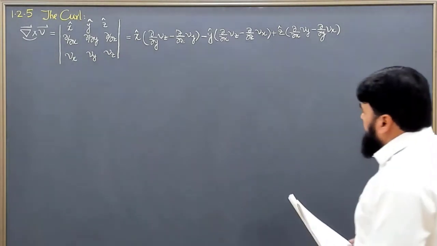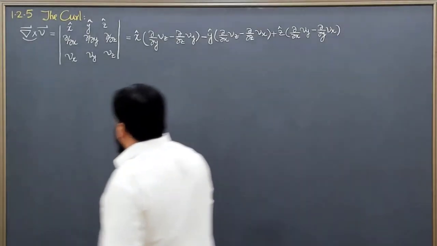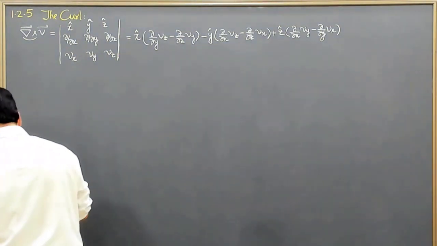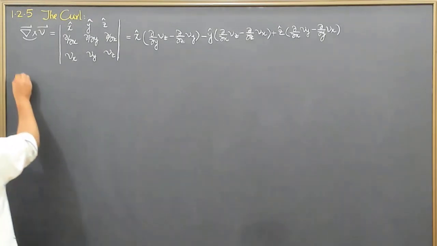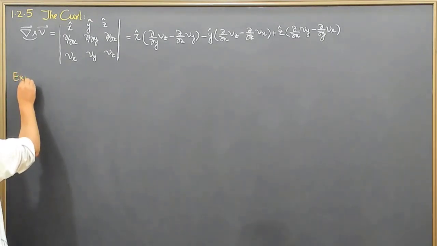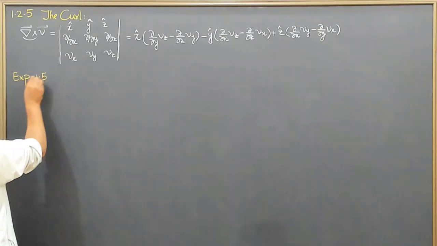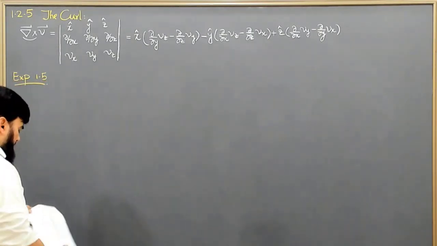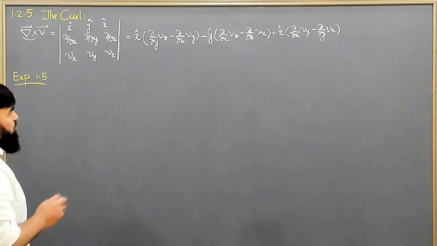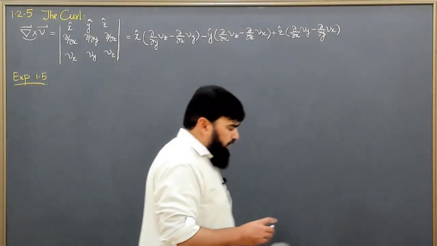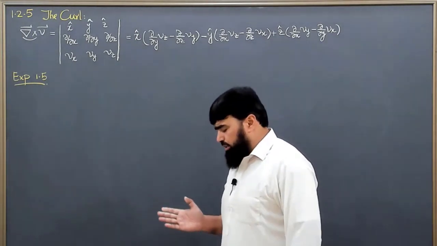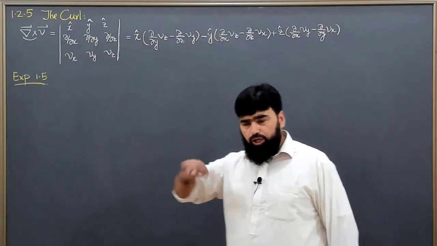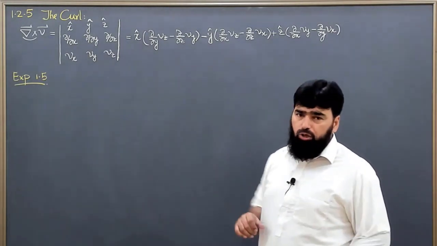And now to understand this one, we will go to a solved example, and this is example 1.5 in your book. But before going into the example, let's note that by the right hand rule, if curling is like this, then it will have its direction upward, and curling this way, the direction will be downward.